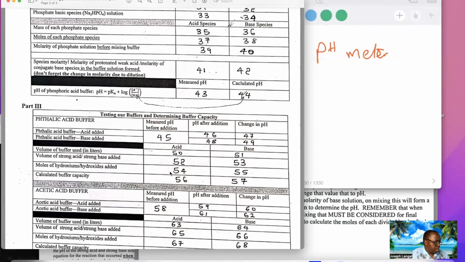Real quick, I believe I have that volume. Let's see the volume of acid. All right. For acid number 25, this is 50.